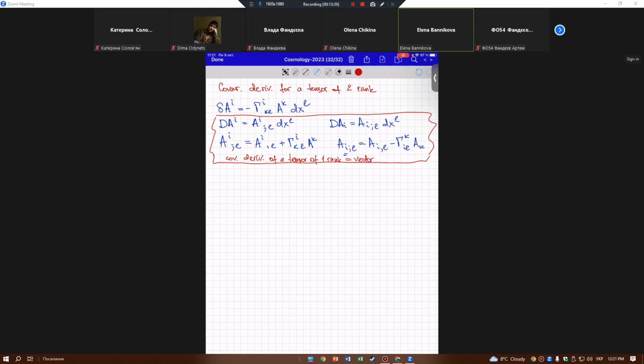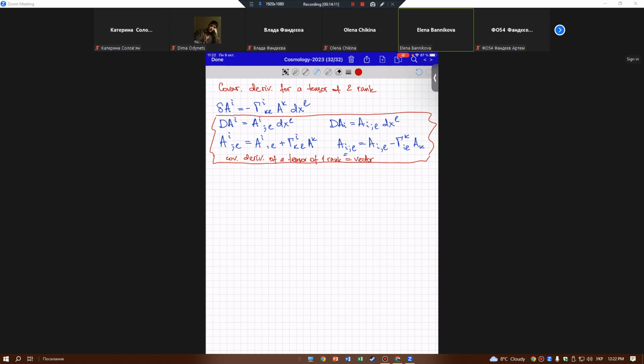And now we want to see what it will be if we have a tensor of the second rank, so it means that we have two indexes. We can generalize the expression we obtained using the Leibniz rule.